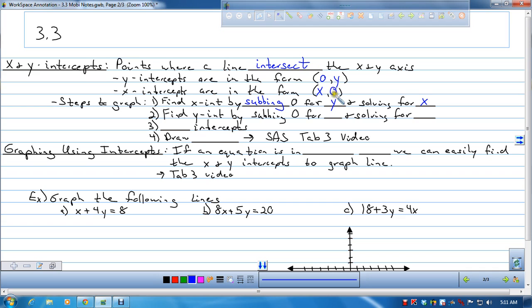I would be getting rid of this y value by plugging in 0 for it, and then I just solve for x. And vice versa here, solving for y, I'm going to plug 0 in for x and solve for y. Once I have those, I'm going to plot my intercepts, and then I will draw the line, because once I plot my intercepts, I'll have 2 points.